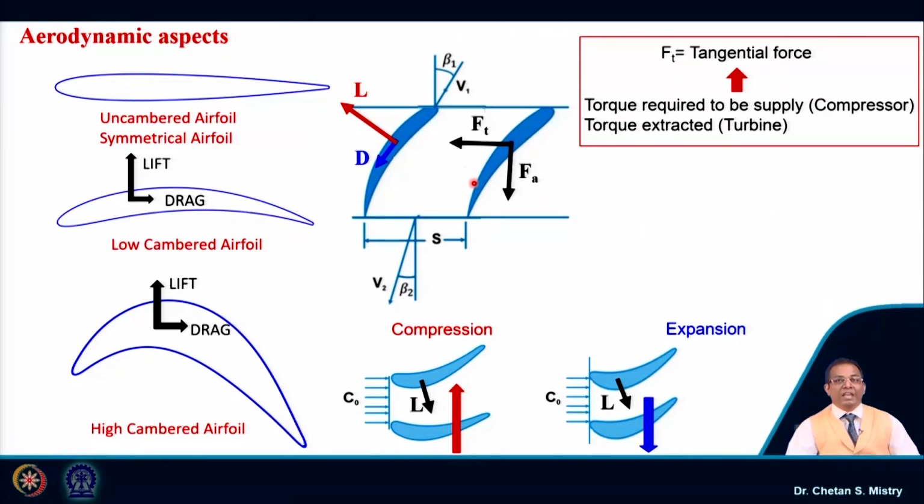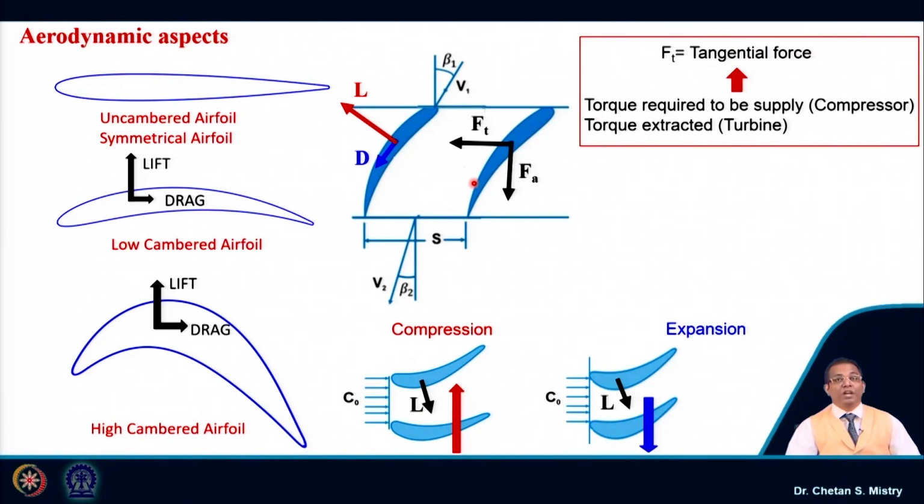So, here we need to supply the torque in order to do the compression for the compressor, and we are extracting torque from the turbine, as we want to extract the work from that. So, this tangential force is responsible for our work extraction or work consumption. The second force is very important.